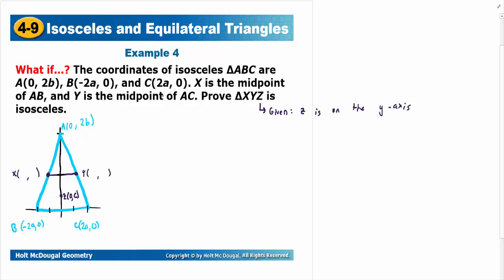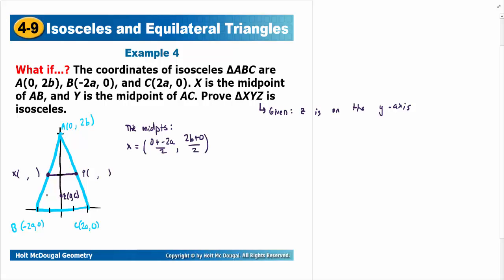Okay. If you're going to use the coordinate proofs here, the first thing we need to do is find the midpoints. Let's find these values. So the midpoints are as follows. For X, that's going to be the average of your x's and your y's for A, B. So I'm going to go (0 plus negative 2a) over 2, and then (2b plus 0) over 2.